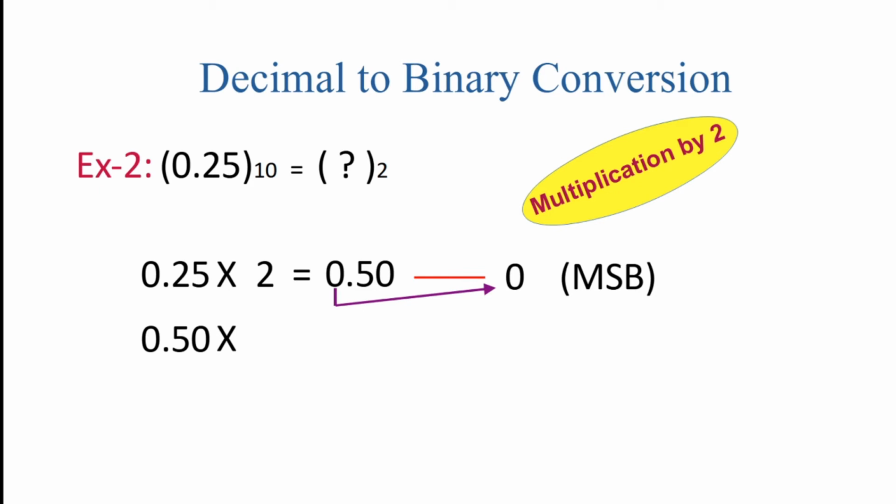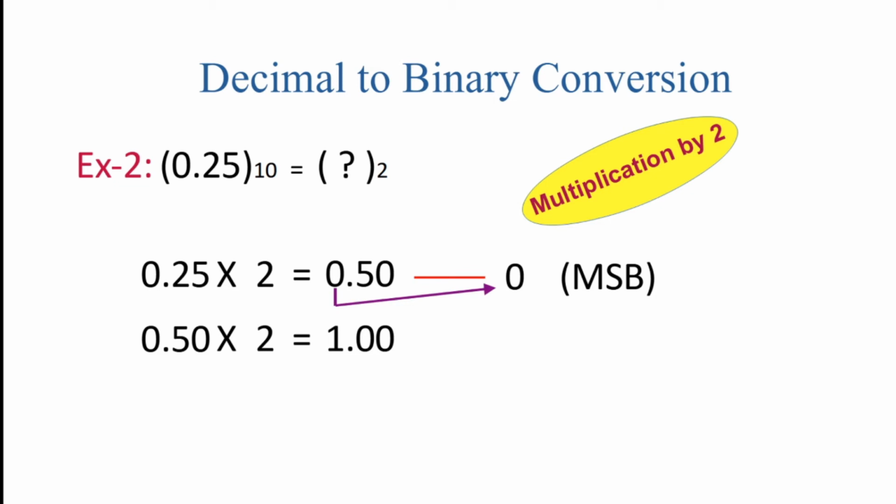Again, if we multiply the fractional part 0.50 by 2, then we will get 1.00. Since 00 is appearing, so further multiplication is not required, since that will produce the same thing again 00.